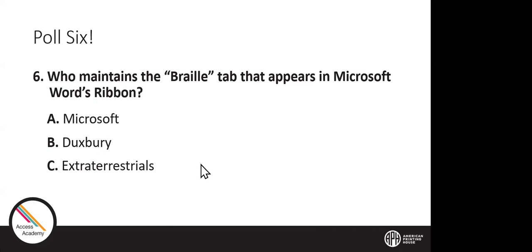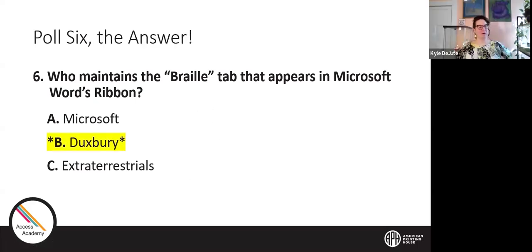We do have a small handful of our friends that are with us today that chose answer C, but predominantly 76% said B, Duxbury. And they are quite right. Those three of you who chose extraterrestrials, yes, I agree. That's a fun one.